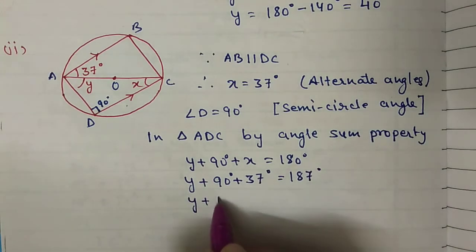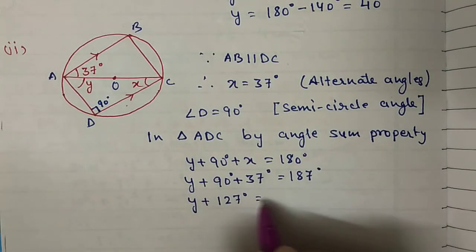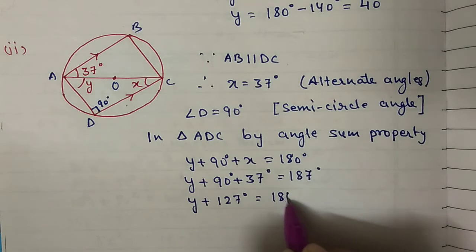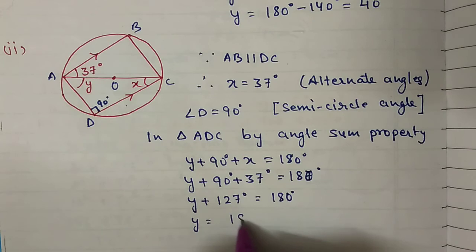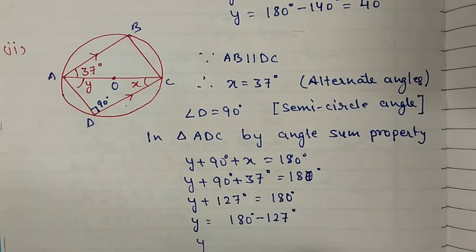So y plus 127 is equal to 180 degrees. So y value will be 180 minus 127. You will get 53 degrees.